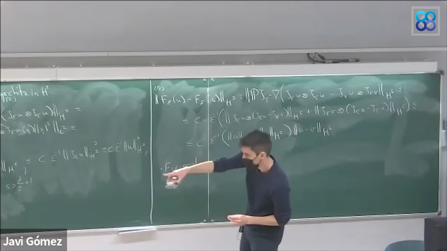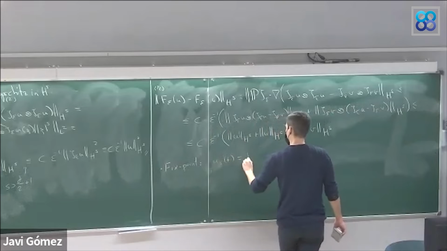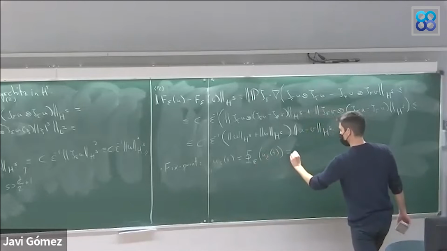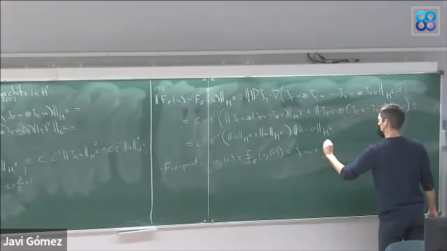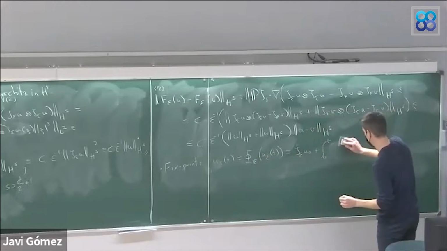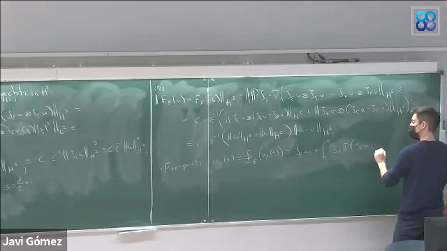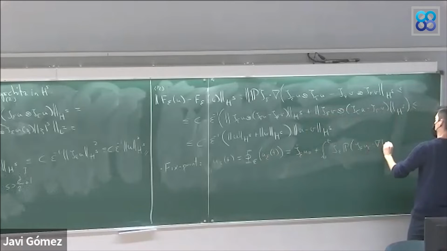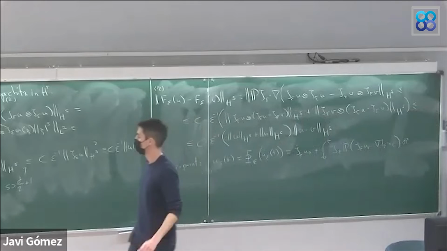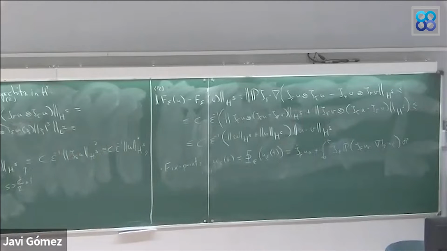We write the Euler equation that we have there: U epsilon t equal to some functional E epsilon, which is this. Okay, so let's do the ball.